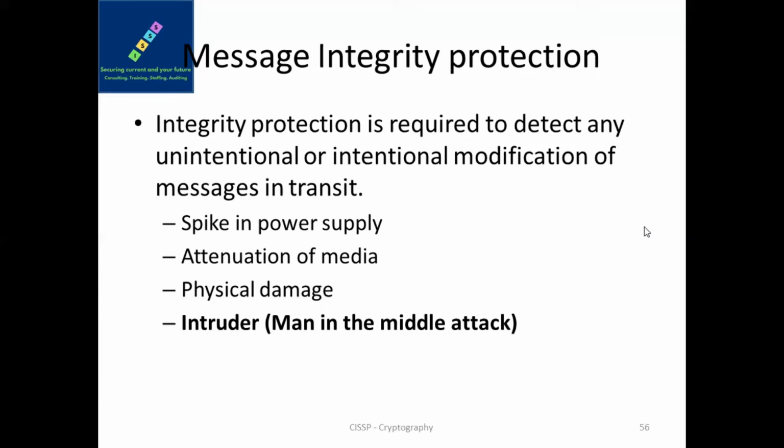The prudent auditor will get into the data center and ask you to open the rack and see if the network cable and the power cable are tied together. Because if there is a fluctuation in the power supply on the power cable, the electromagnetic interference will also impact the data that is actually flowing through the network cable. So that could also be a reason for an integrity issue.